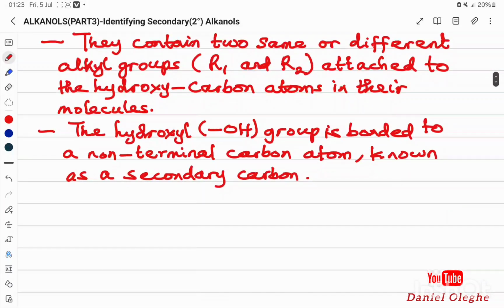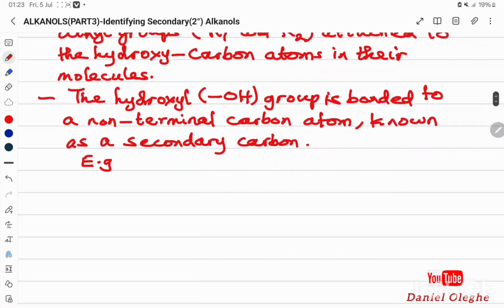Let me try to illustrate these statements with this structure. Take for example, this is a carbon chain. This is a carbon chain of 3 carbon atoms that are joined together by a single covalent bond, and you now have the hydroxy group on this middle carbon atom.